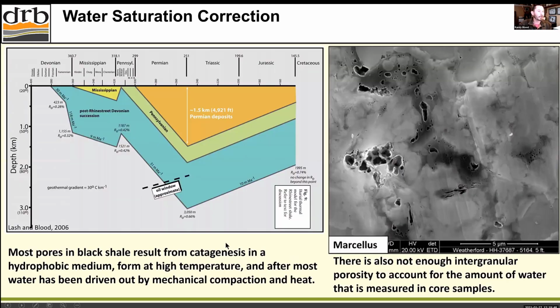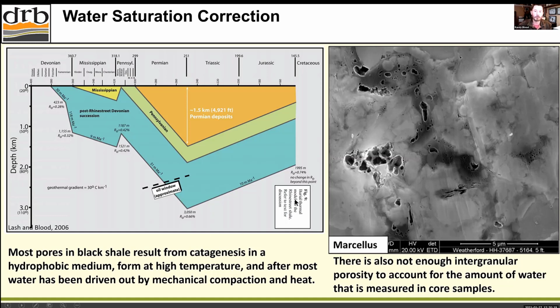So one, going back to this picture, we know that the majority of the pores in the Marcellus are in the organic material, and they're the result of hydrocarbon generation. So they're forming at or near peak burial as these rocks are buried into the oil and gas generation windows. These rocks are being subject to compaction and heat, which largely drove off much of the water in the system.